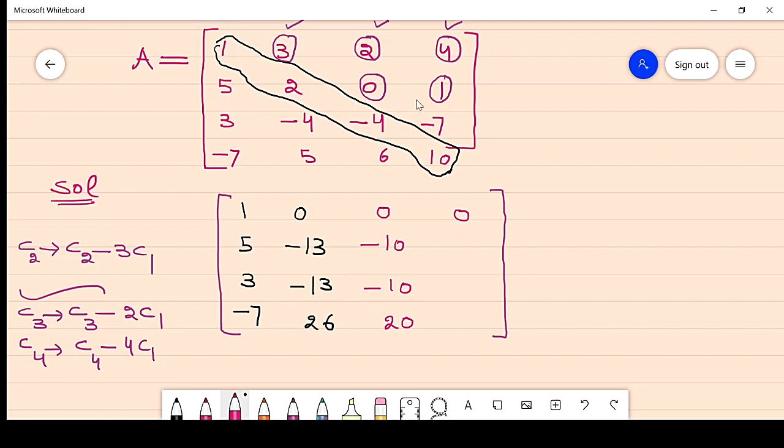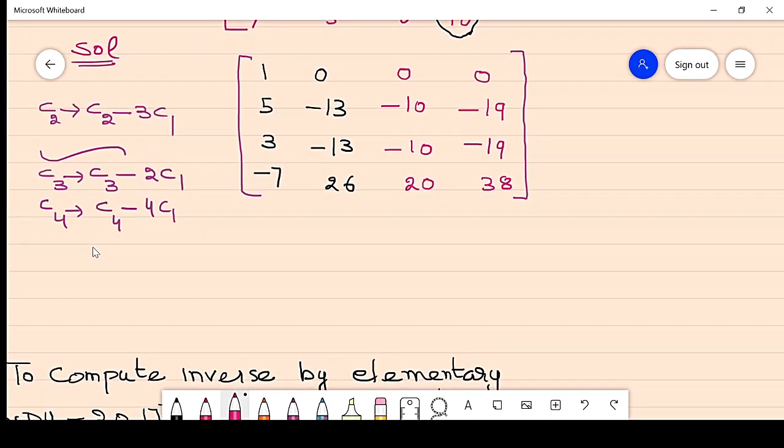Then -20 + 1 is -19, -12 - 7 is again -19, and -4 into -7 is 28, so 28 + 10 is 38.